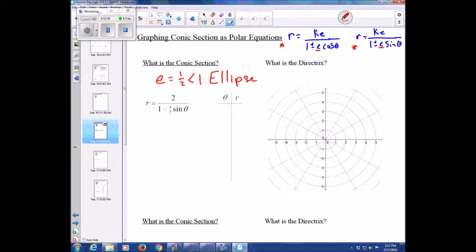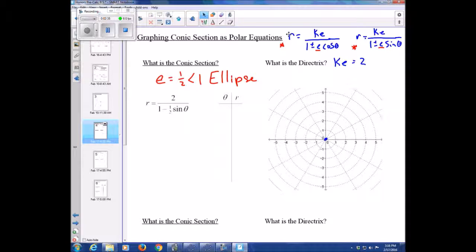If we want to find the directrix that corresponds to our focus on the origin, we can see that the length from the focus to its corresponding directrix, k, is one of our two multiples in the numerator. With the numerator ke, for this particular equation we have ke equals 2.